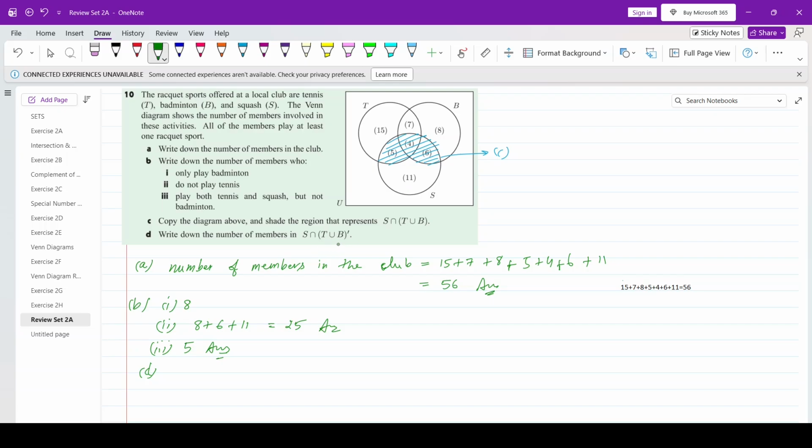And in intersection with S, this region is going to be only 11. So S intersection T union B complement is going to be 11 only. Let's go to the next question.